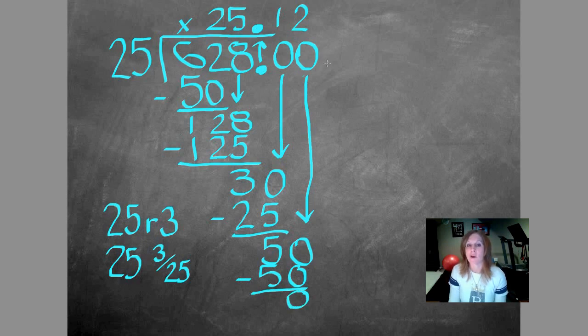So I have no more numbers to bring down in my dividend. I have a roof over every room in my house, and I have no amounts remaining here at the bottom, which means that I'm ready to represent this as a decimal answer. 25 and 12 hundredths. Now, to write 25 and 12 hundredths as a decimal, we write it just like this.